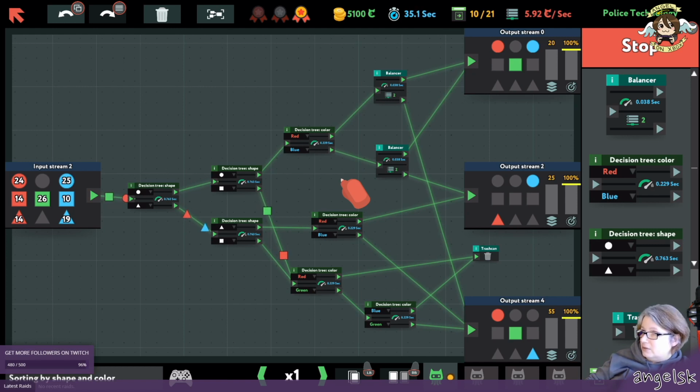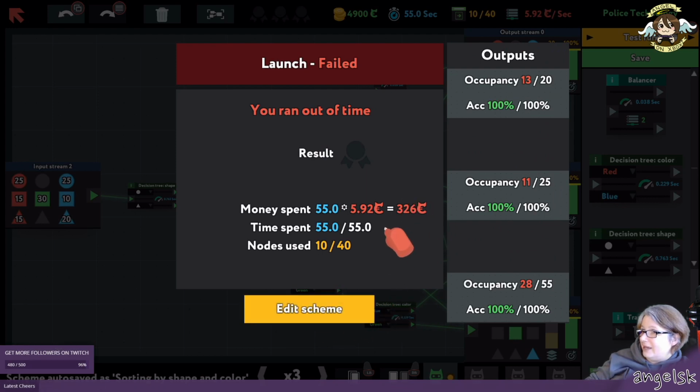We want to see if this is accurate before we make it faster. I really wish there was a fast forward. Ah, there is a fast forward. Discovered the fast forward. Okay. Accuracy, just not quite fast enough, but accuracy.